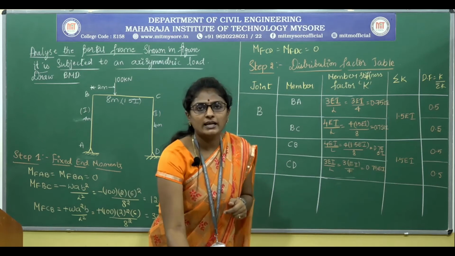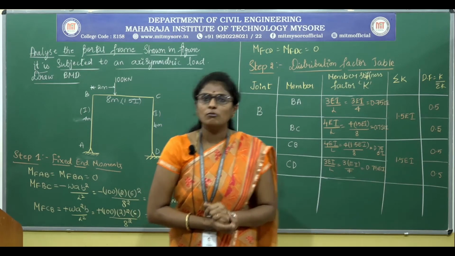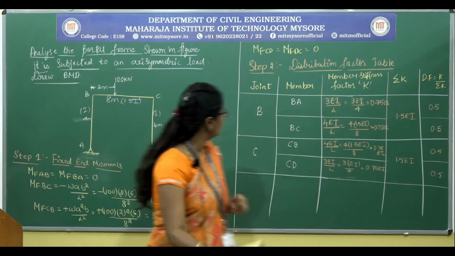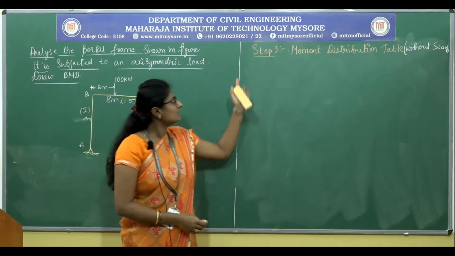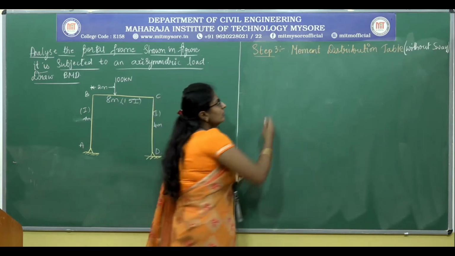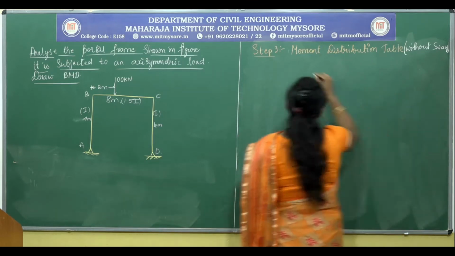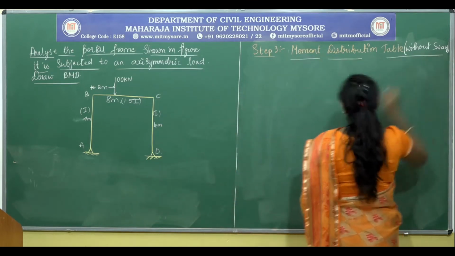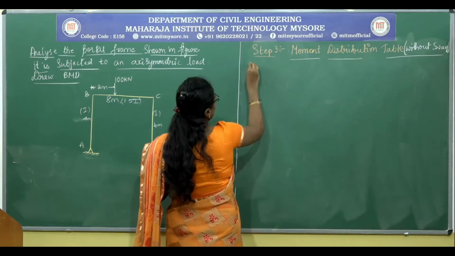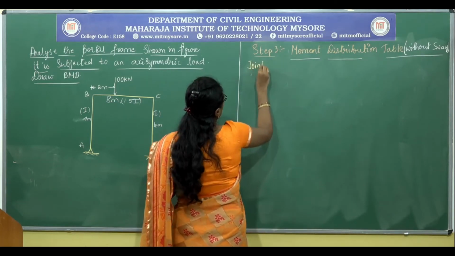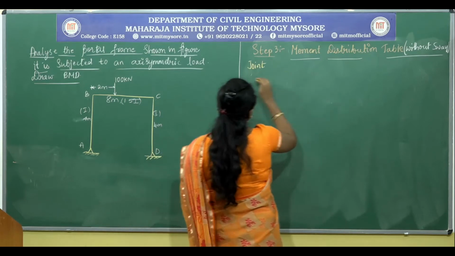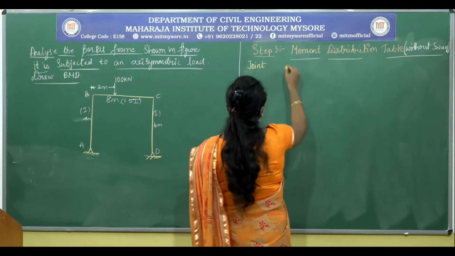Now we shall take up the next step, that is the moment distribution table. This is step 3, which is to consider the moment distribution table, that too without sway. For this, joint: how many joints do we have?